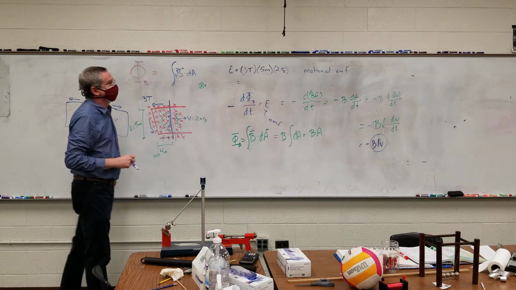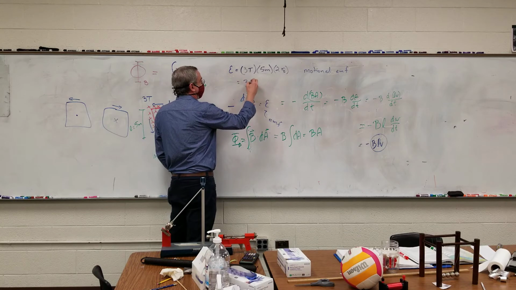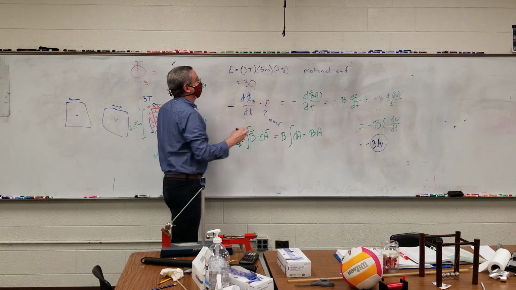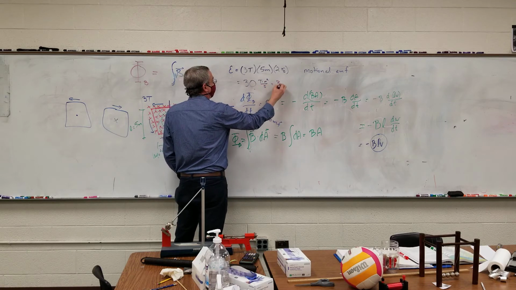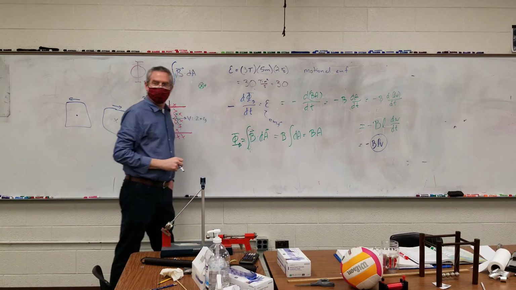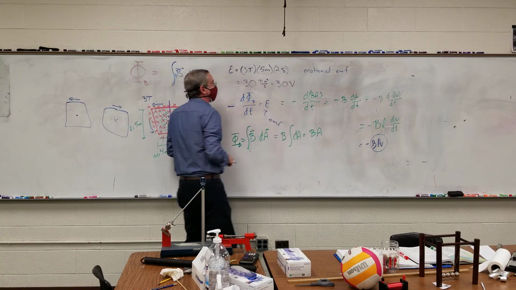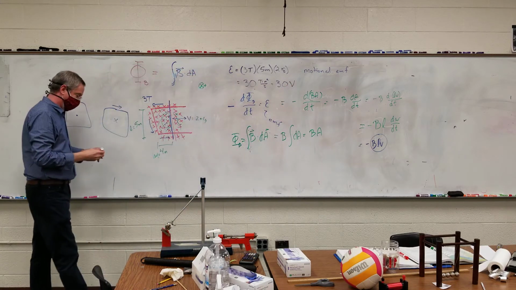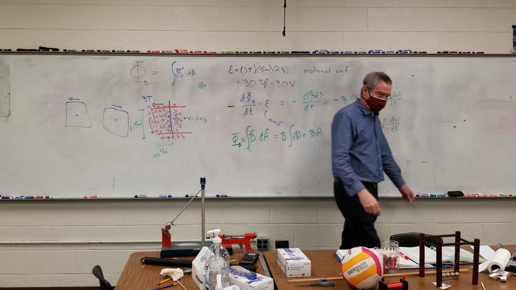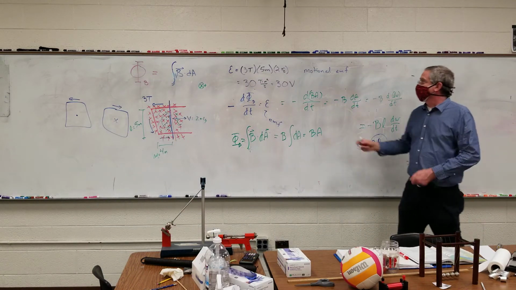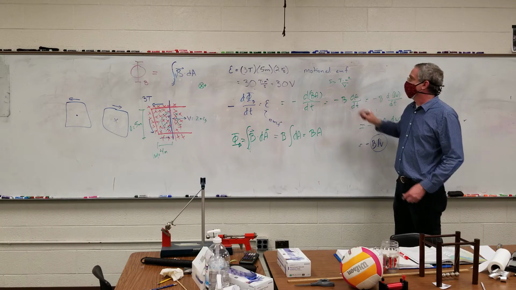That should be 30 Tesla meters squared per second, or commonly known as Volt. And thus we have a new unit: a Volt is a Tesla meter squared per second.